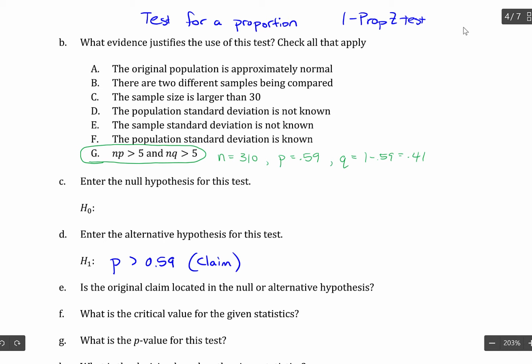The complement of the claim, less than or equal to 0.59, is effectively what should go in the null, but more often textbooks are starting to use only an equal sign in the null hypothesis, so that's what we'll adopt here. Now, is the original claim located in the null or alternative? Well, it was in the alternative.